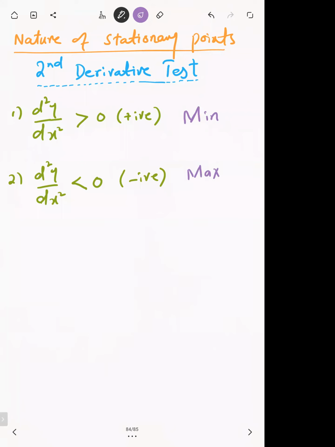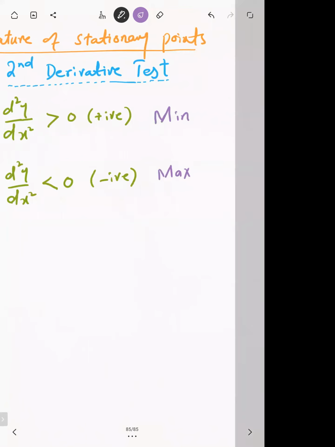Now let's do this with an example so that we can have a better idea. I'm writing a question here. Suppose y is 2x cube minus 3x square plus 5. This question has two parts. The first part is to find the coordinates of the stationary point.